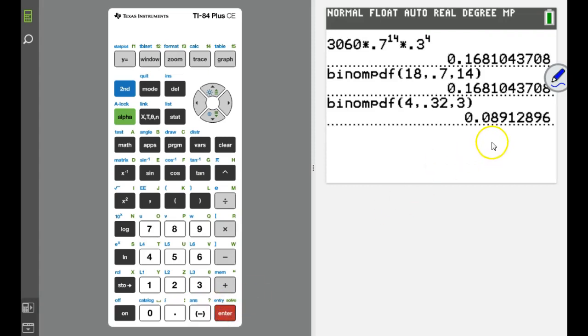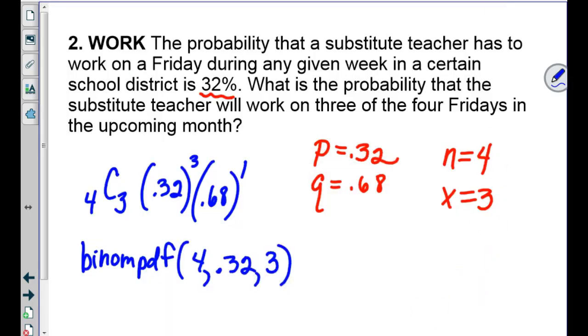Anybody get that? 0.089? Did anybody try it the other way? Yeah. And it worked and got the same thing? Okay. All right, so now I don't have it up anymore. 0.089, is that right? About 8.9% is the probability that she will have to work 3 out of the 4 Fridays.